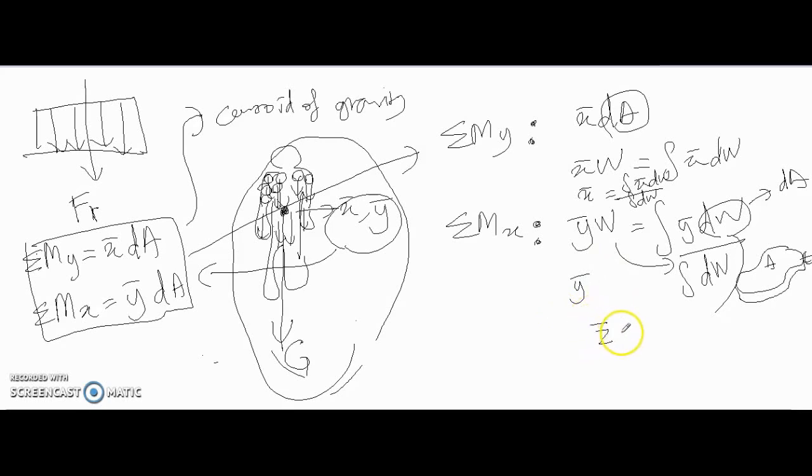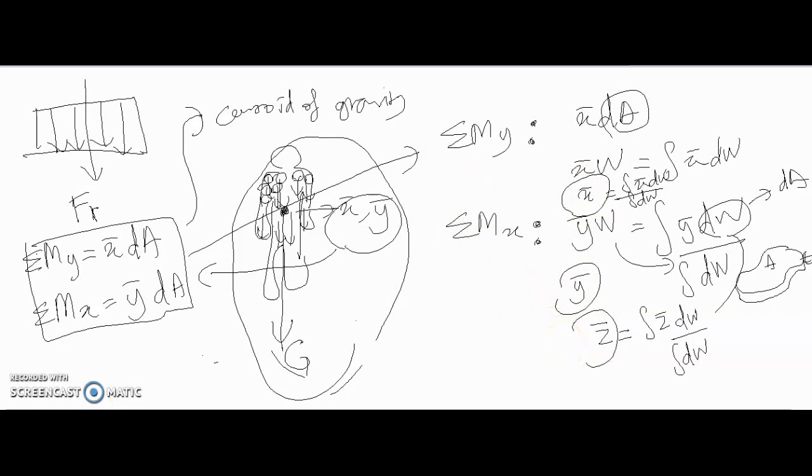This is the same thing, equal to the integral of z bar dW over W. So you are going to have three coordinates, x bar, y bar, z bar, to define the location of the center of gravity of the body.